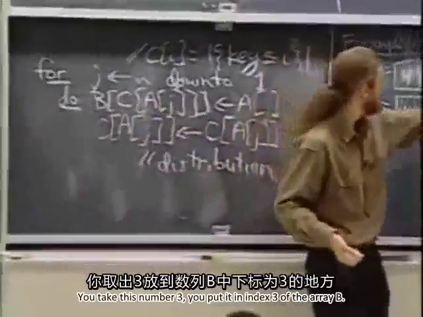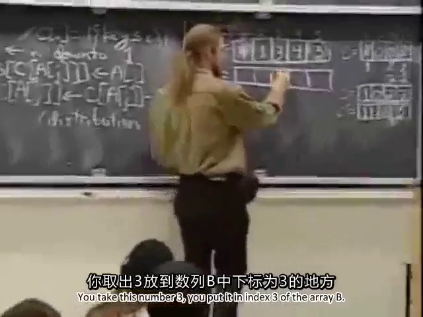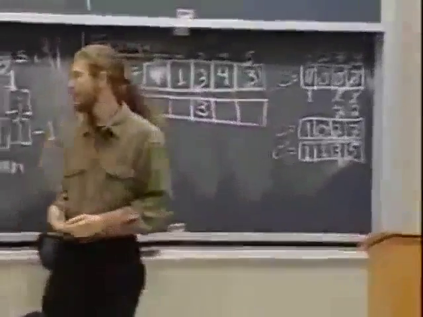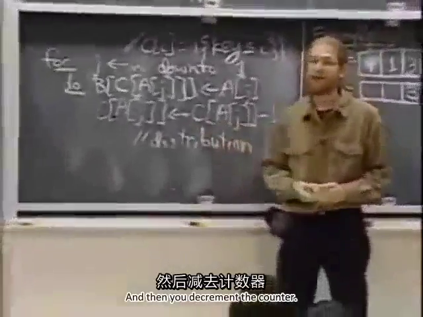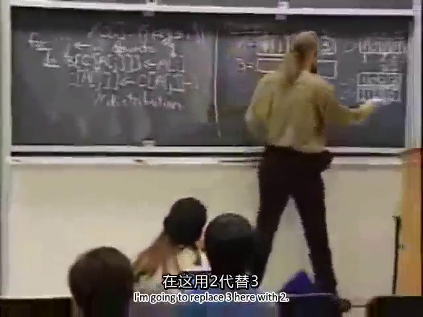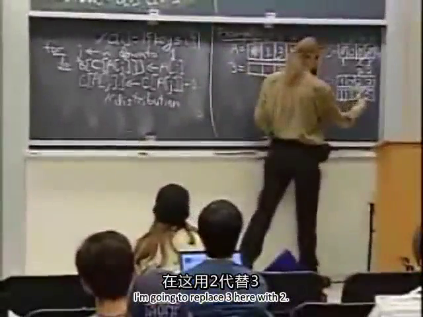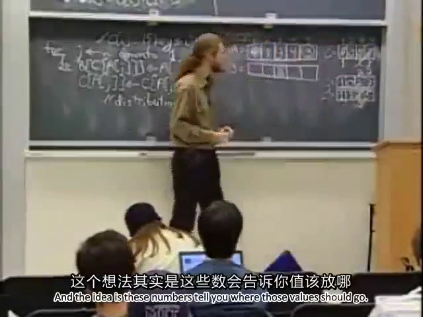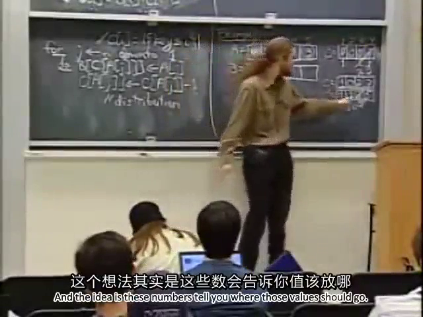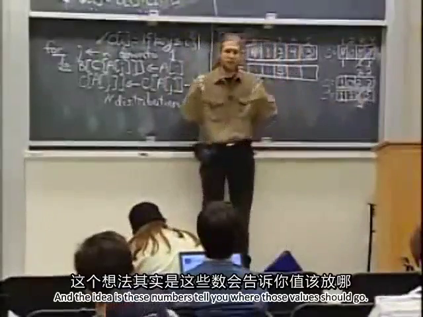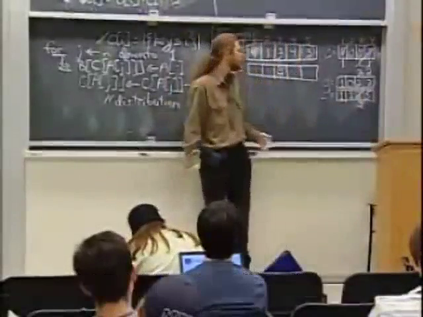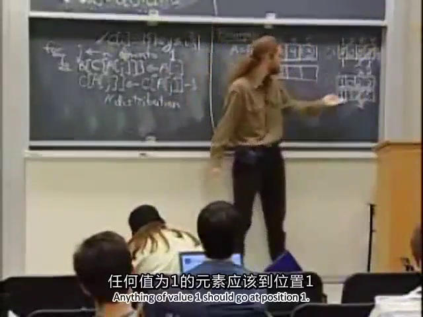So you take this number 3, you put it in index 3 of the array B, and then you decrement the counter. Okay, so I'm going to replace 3 here with 2. And the idea is these numbers tell you where those values should go. Anything of value 1 should go at position 1.